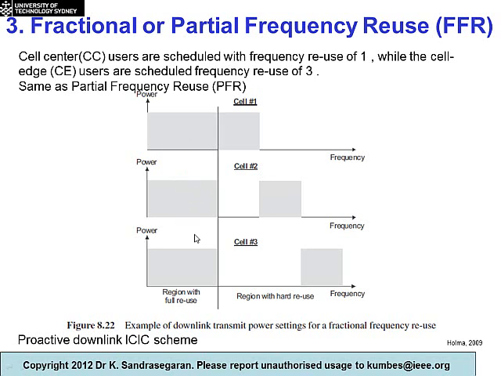For cell center users, we use the same bandwidth, but for the cell edge users, we divide it into 3 parts. And this can be also dynamic, okay? And we run it this way. So this is a scheme which can sort of be used to optimize between capacity as well as interference.